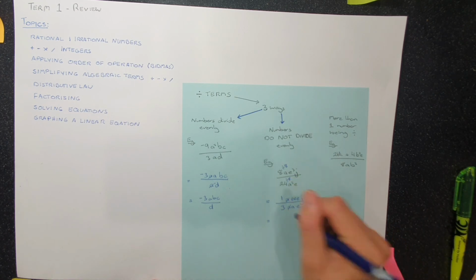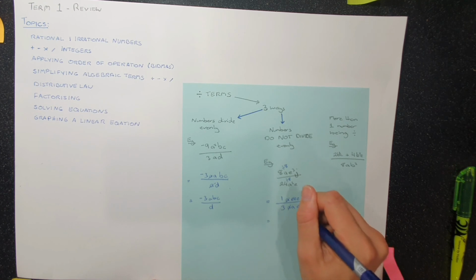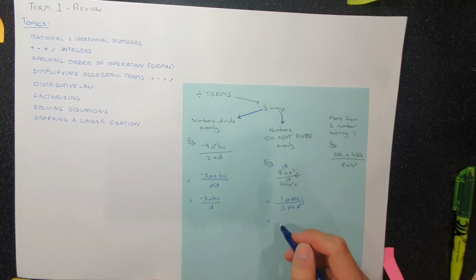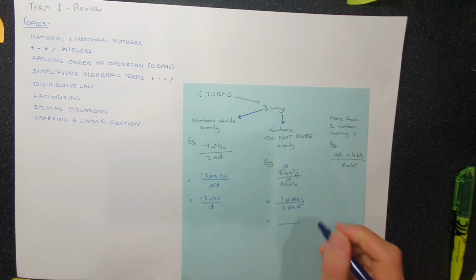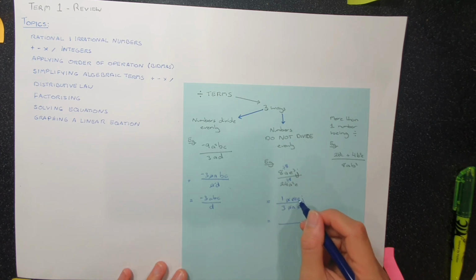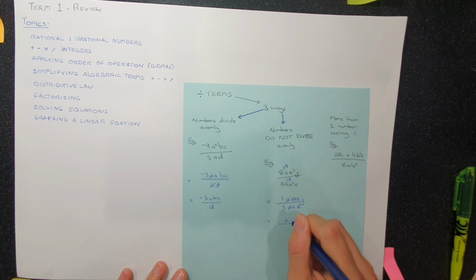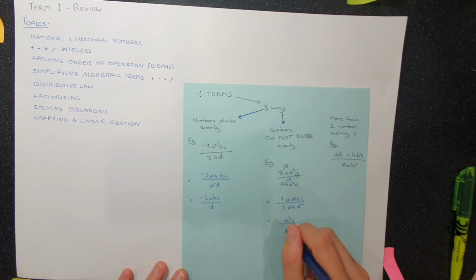That would be 1 A with 1 A, 1 E with 1 E, and whatever's left on the top and bottom I rewrite where they belong. So 1, E, E, J, and I know I don't need the 1 there. So E to the power of 2, J, divided by 3A, because that's all that's left on the bottom line.